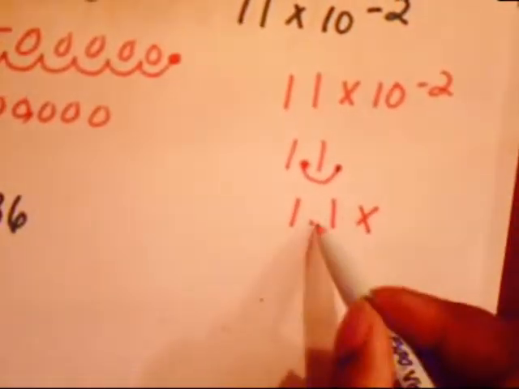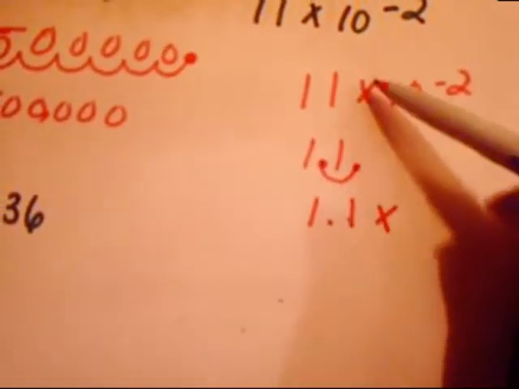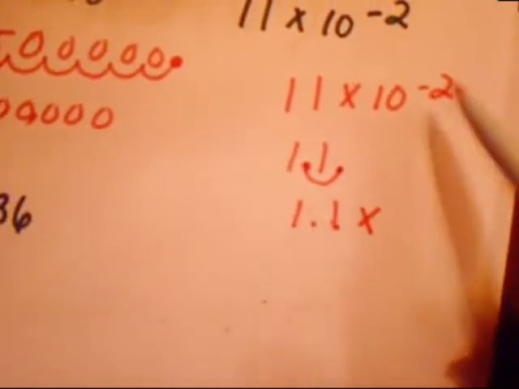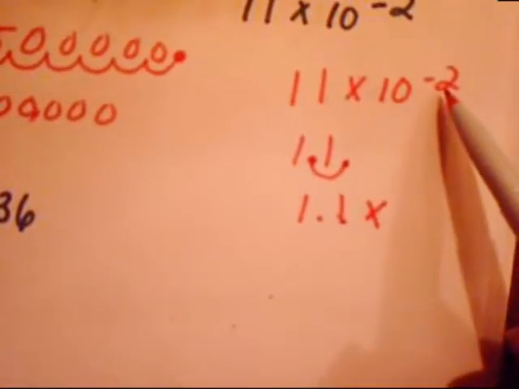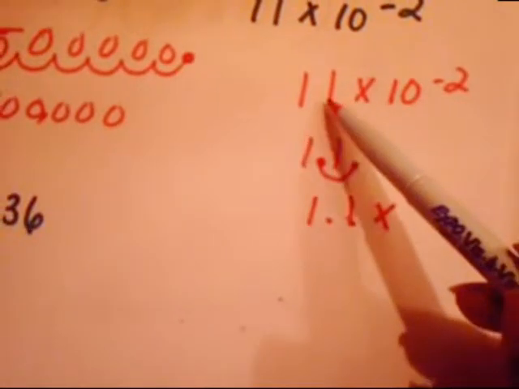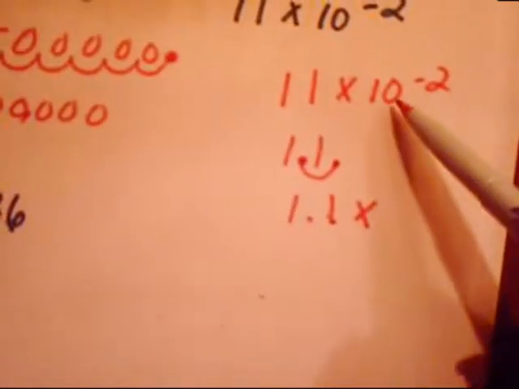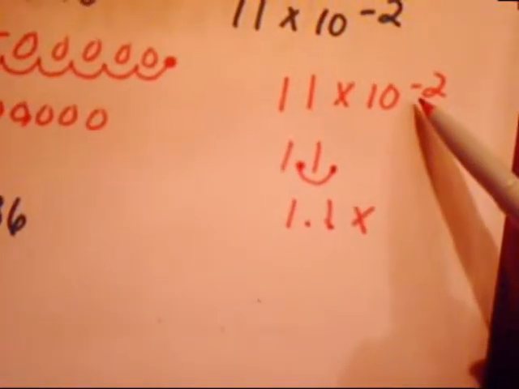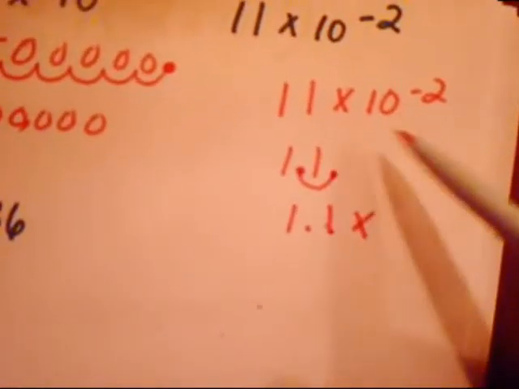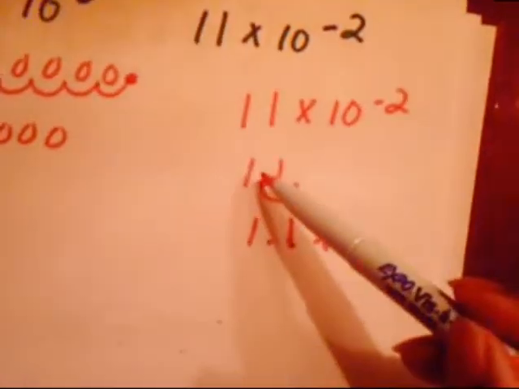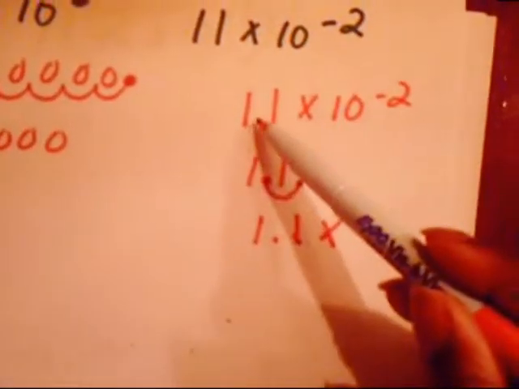But if you change your number here, you also have to change your number here. Since I made 11 smaller, I have to make -2 bigger. How many times did I move my decimal? Once to the left.